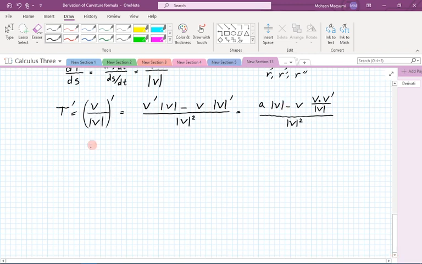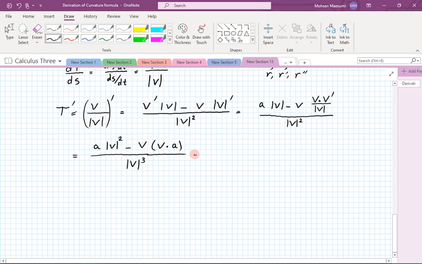So let's take a common denominator. So I'll have a times |v| times another |v| minus v, that is v prime, that was our acceleration. The |v| in the denominator and this |v| squared combine to get us |v| cubed.